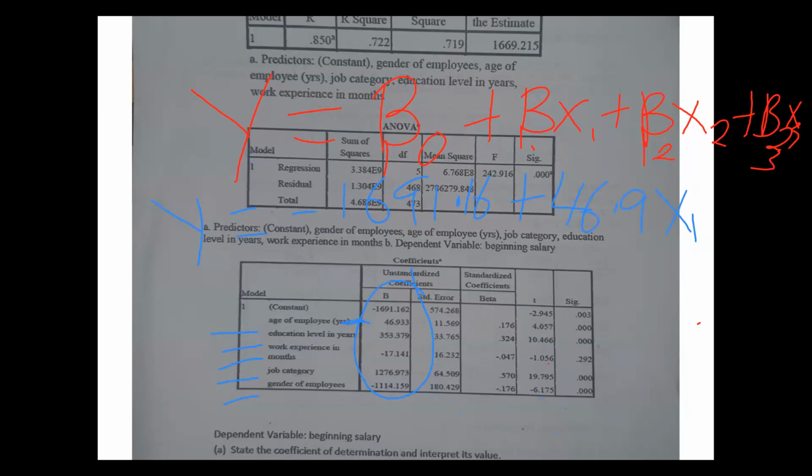Then we will say plus. We are trying to come up with the model. I want you to see the model. Plus the next variable, let's call it beta 2. Let's choose education levels.